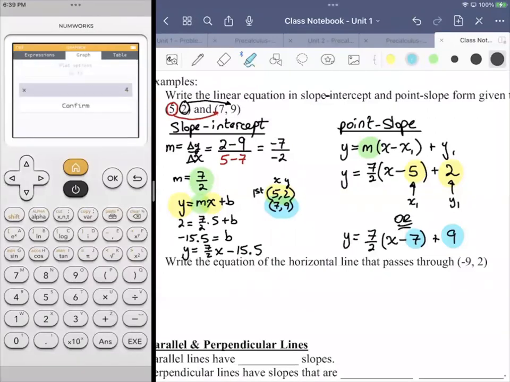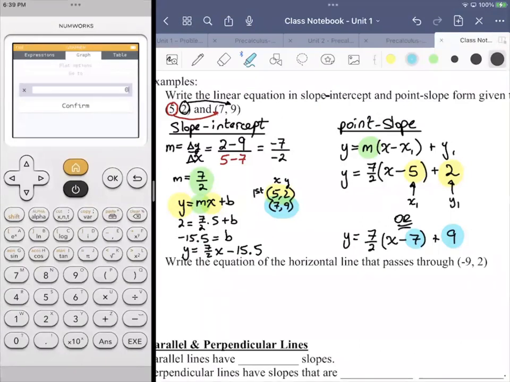You could also go to particular x values. If you select go to, I know when the line crosses the y-axis, that would be the y-intercept. I know that's going to happen at negative 15.5, so 15.5 units below the x-axis is where this line is going to cross the y-axis.